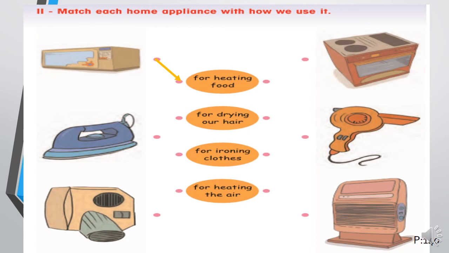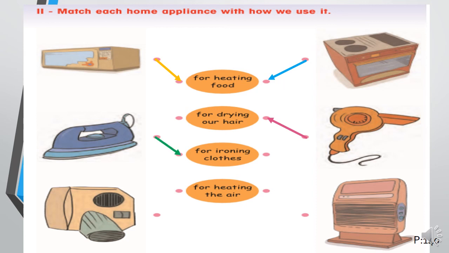We have a hair dryer. We have another heater. So, which one also is used for heating food? The oven. Excellent. Now, for drying our hair, which one is it? The hair dryer. Excellent. For ironing clothes, I use the iron.